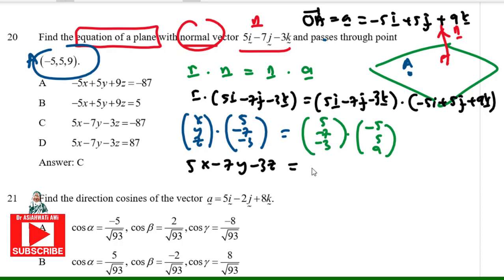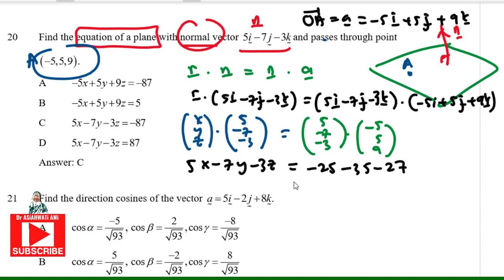Continue: negative 25 component i times component i, 25 negative, plus component j, negative 7 times 5, negative 35, and plus component k, negative 3 times 9, negative 27.